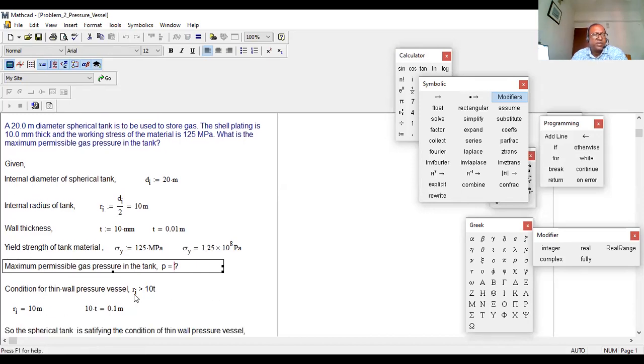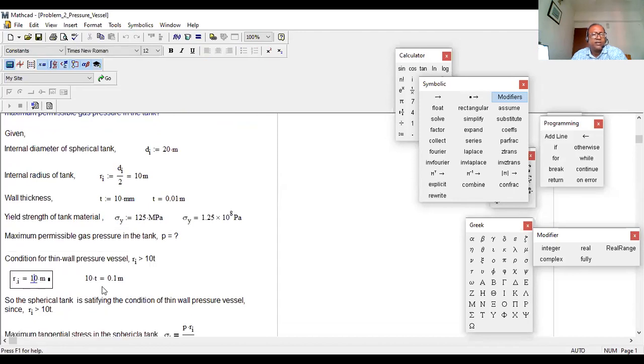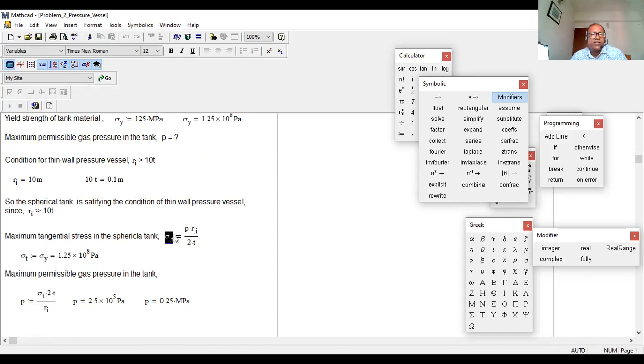So at first, you need to check that this satisfies the condition Ri greater than 10T. Here 10T equals 0.1. So obviously you see Ri is greater than 10T. So we say this tank satisfies the condition of a thin wall pressure vessel, since Ri is greater than 10T. Now for a spherical pressure vessel, this is the formula: sigma T equals P Ri divided by 2T.